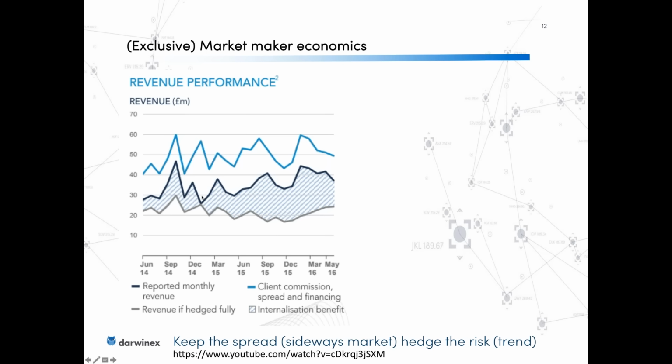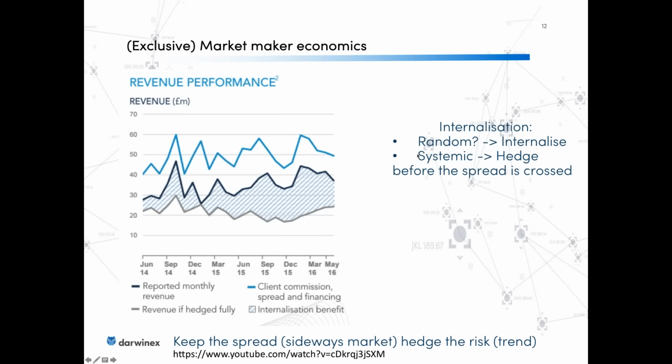And the line in the middle is the revenue that IG actually made, because what IG does is say, okay, whenever my flow is random, that is, whenever all my customers are trading randomly the euro dollar, trader A goes long the euro dollar, 3 seconds later, trader B goes short the euro dollar for the same amount that trader A took.